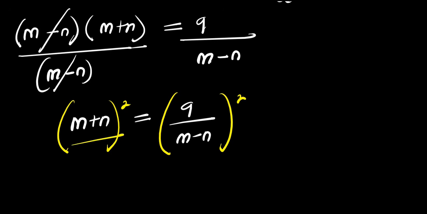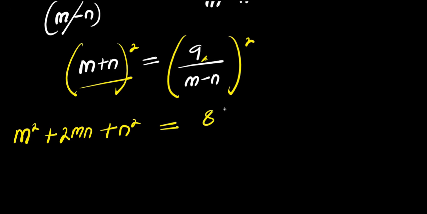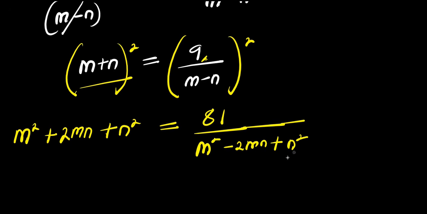If you square this, what you are going to have will simply be m power 2 plus 2 times mn plus n power 2, and this equals, if you take the squares of this, you have 9 power 2, that is 81, divided by this. You also take the squares of this, that will give you m squared minus 2 times mn plus n power 2.